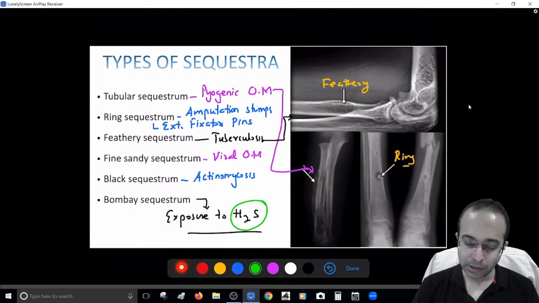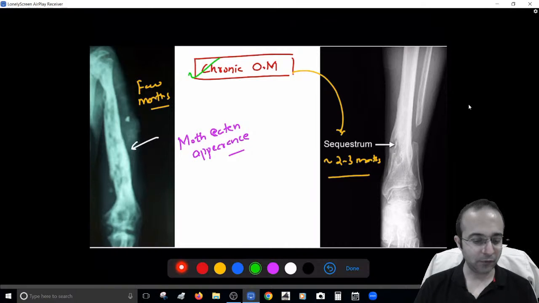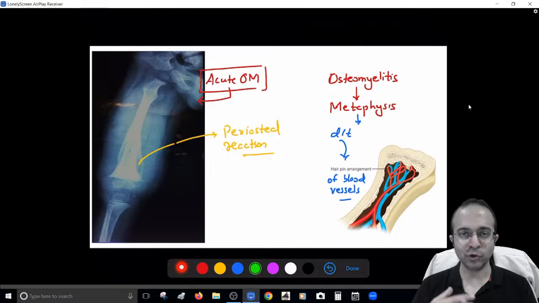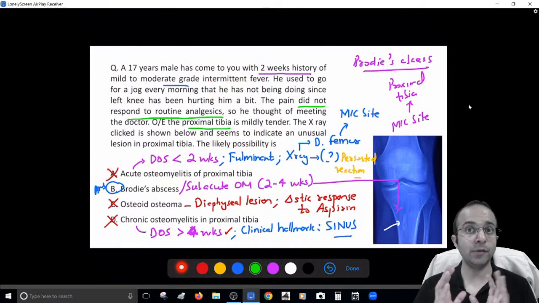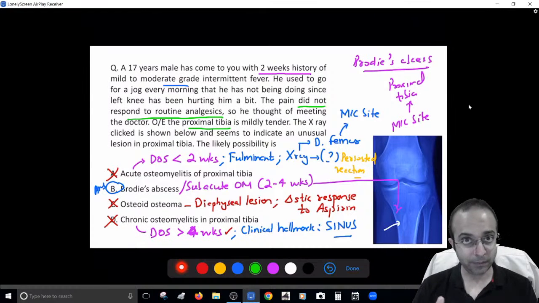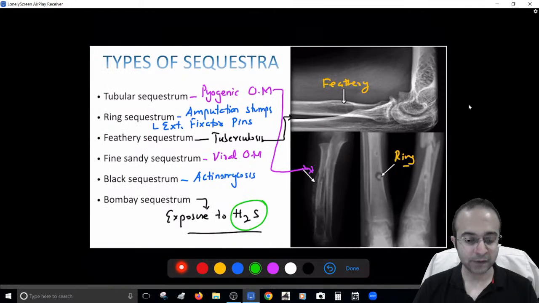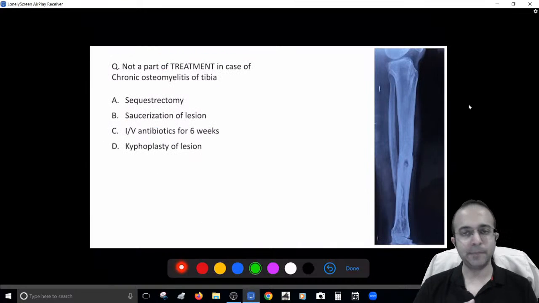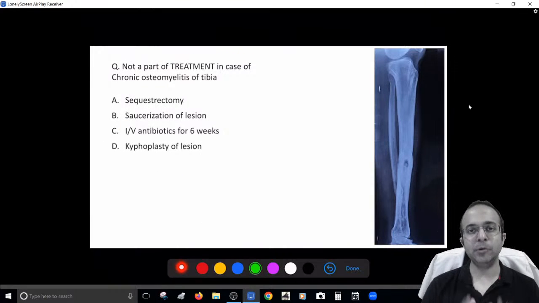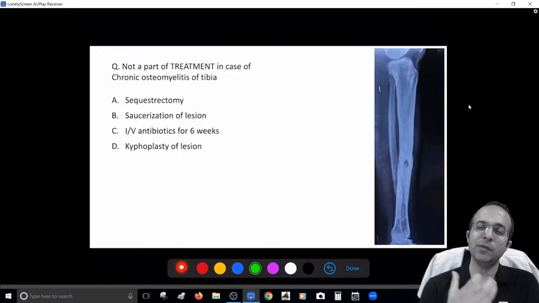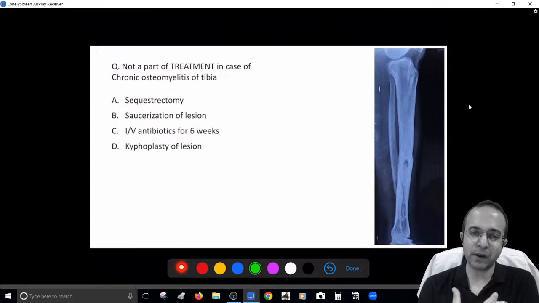You've clearly seen the picture of chronic osteomyelitis, you've clearly seen the pictures you will have in acute osteomyelitis, and you've clearly seen the picture you will have in subacute cases of Brodie's abscess. You're clear with the commoner sites where you find acute and subacute osteomyelitis. Okay, and perhaps you would be able to even pick up some clinical questions based upon this. You understood acute osteomyelitis, you will have a fulminant picture, fever, chills, rigors.